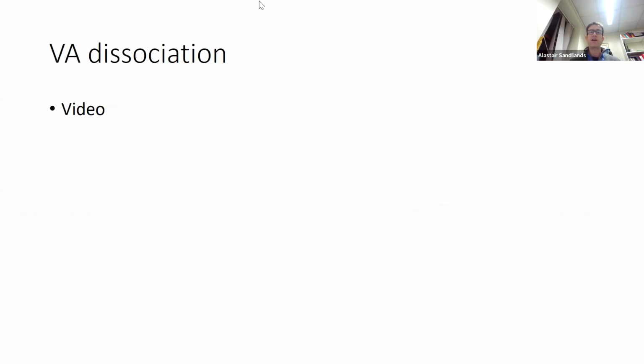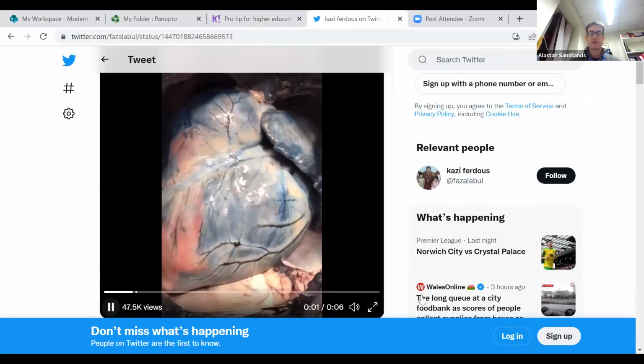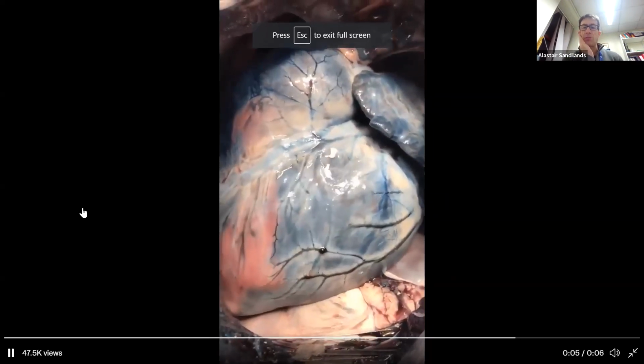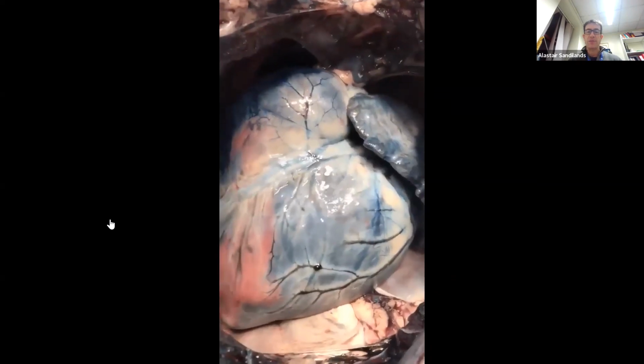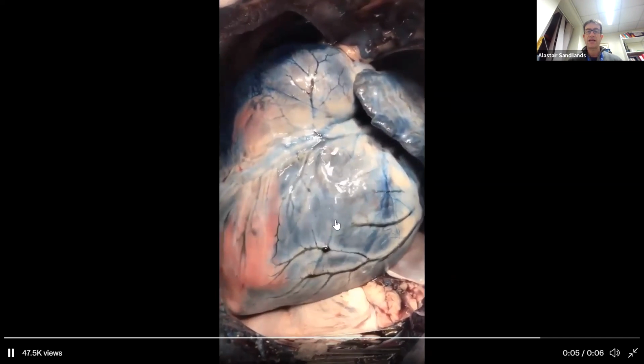So how can we look at that? I just want to show you, hopefully you can see this. This is an operation on a heart, and I'm going to just let it play. This is VT, the ventricle. It's actually VF.